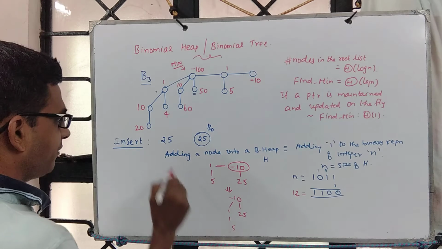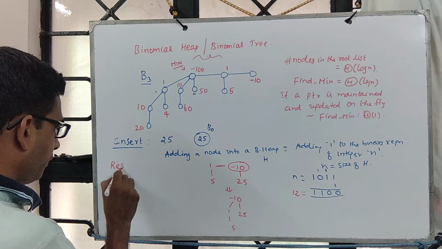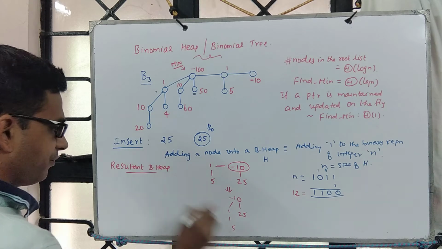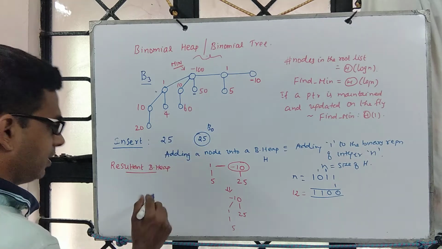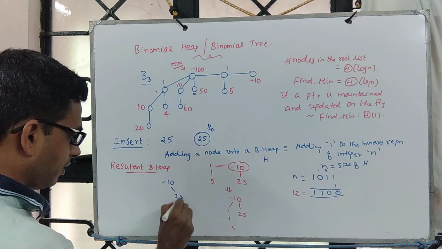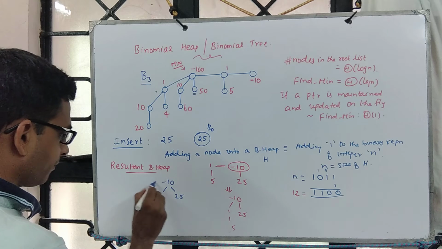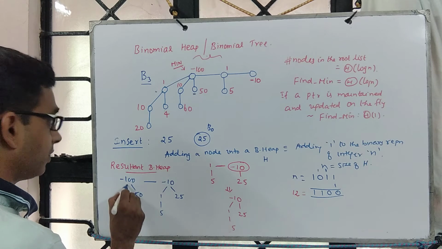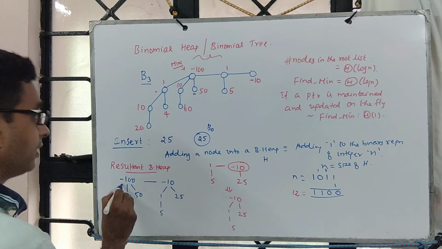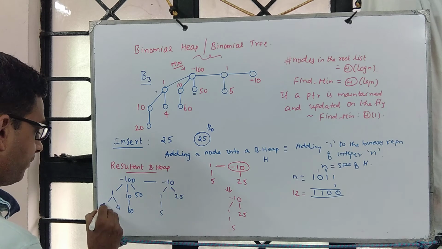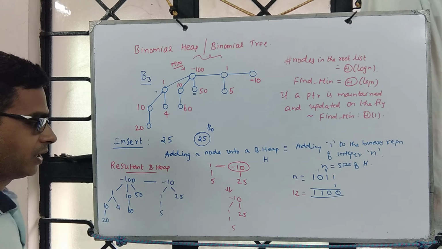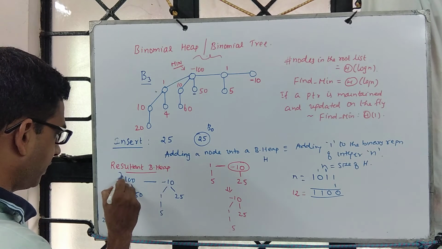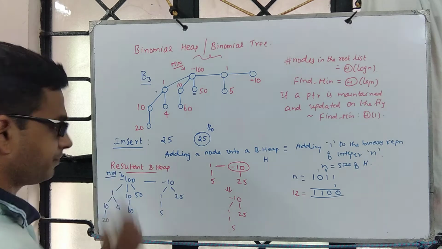Now you don't have a copy of B2, so the resultant binomial heap has one copy of B2 and another copy of B3. So which means you have minus 10, 25, 1 and 5, and on the other side minus 100 and all its structures below that. So 10, 60, below that it is 1, 4, 10 and 20. Now at the end of the procedure you compare this minimum and no need to update, so this remains as it is.